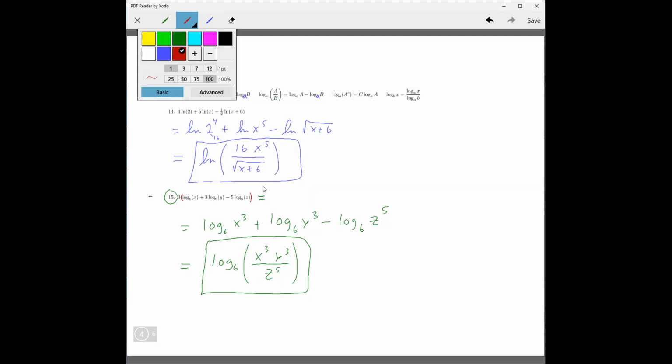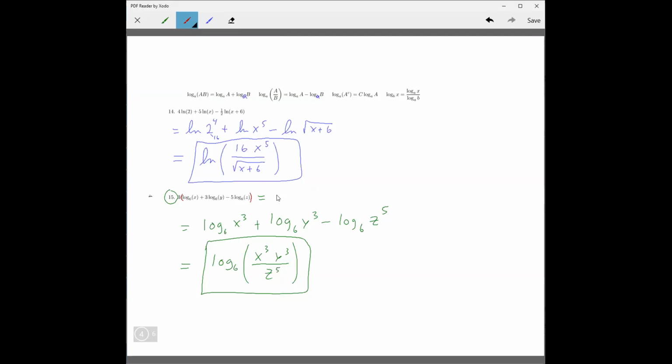So I should get 3 log 6 of x plus 9 log 6 of y minus 15 log 6 of z. So that means that this should be a 9 right here, and this should be a 15. Which means that this will be a 9, and that'll be a 15. Okay, there we go. So that should be better now.